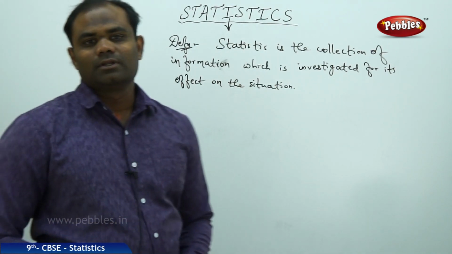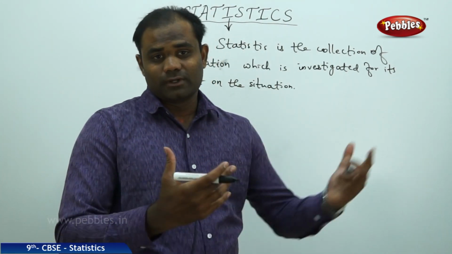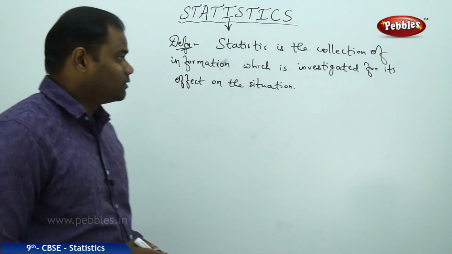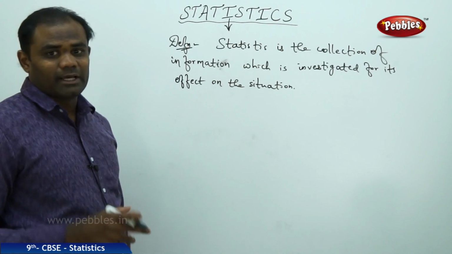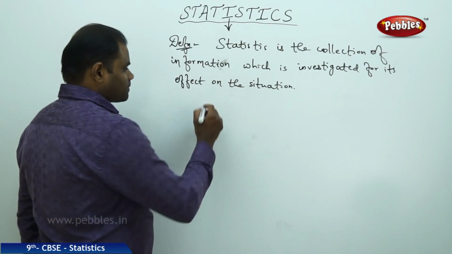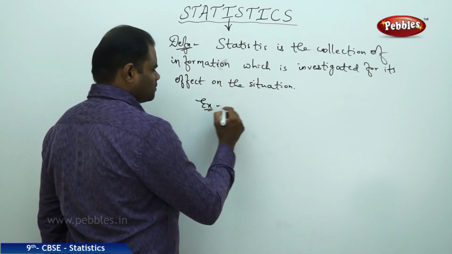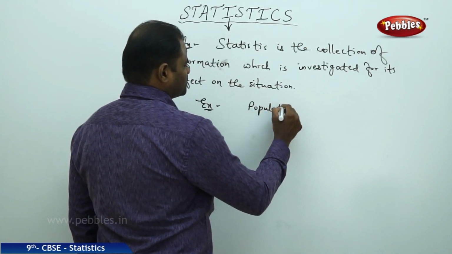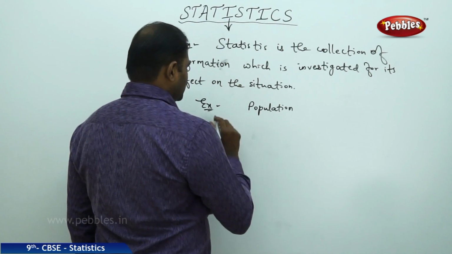For example, the population of the country for different years is the information which gives us the effect on the situation. For example, population and year.